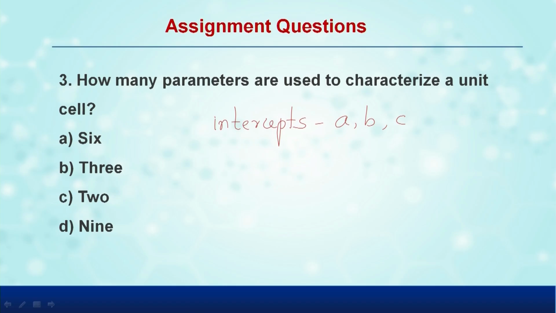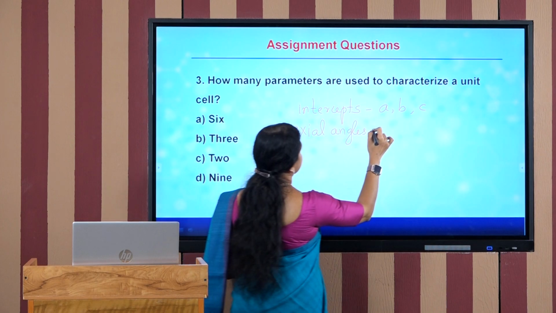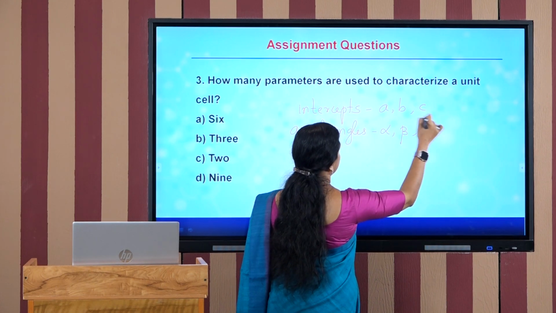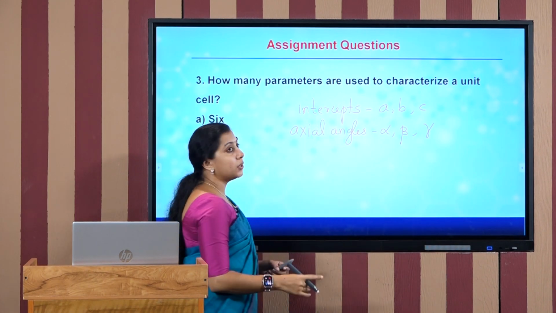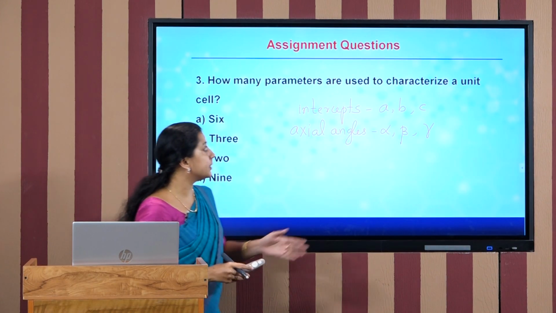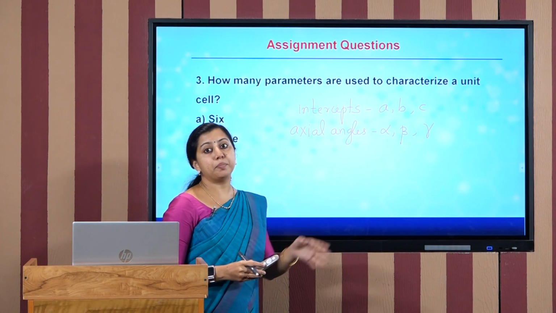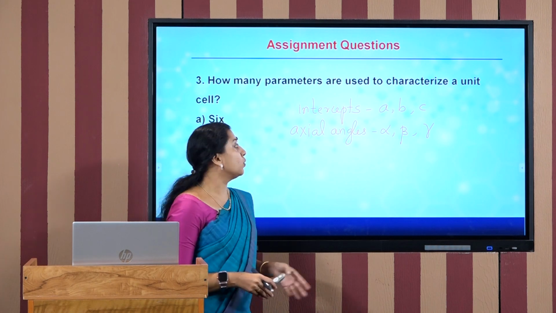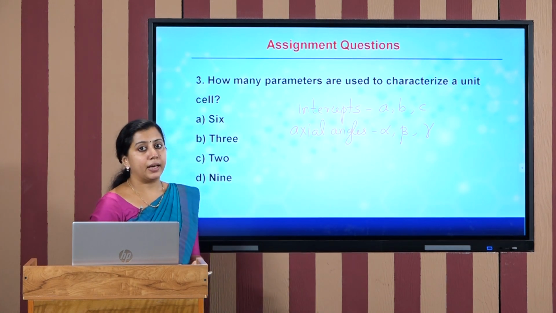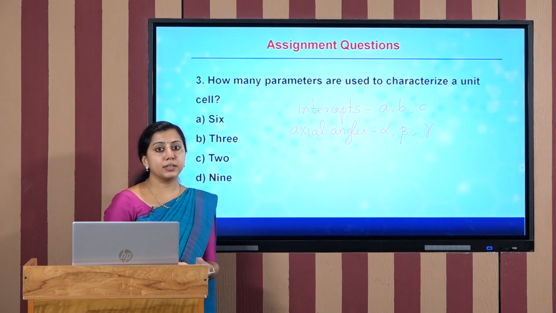There are also the axial angles denoted as alpha, beta, and gamma. So, a unit cell is characterized by these 3 intercepts a, b, and c, and also the 3 angles alpha, beta, and gamma, and these are called the lattice parameters.